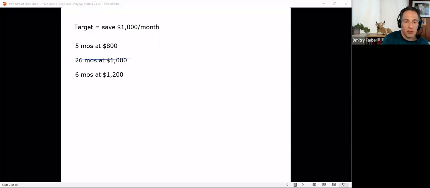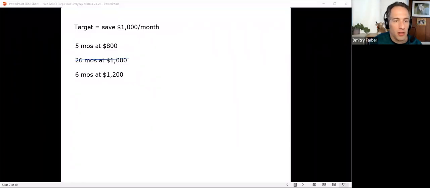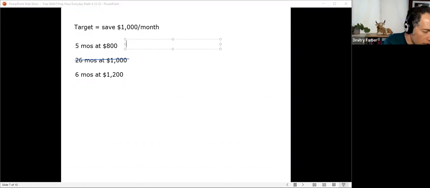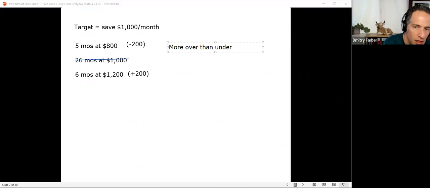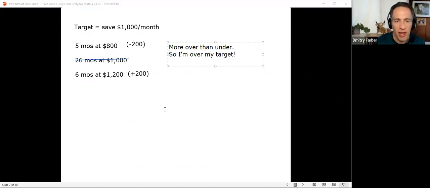So all I really need to look at is the over under. And you'll notice that these are each under by 200, and these are each over by 200. But I have more over than under, so I'm over my target. And I do not need to calculate. It won't be drastically over.